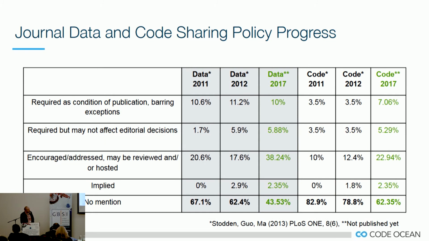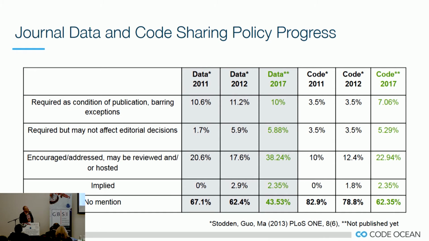This is some data that was published by Victoria Stoddenin PLOS, where she looks at different adoption policies. We're talking about biopolicy, but in general, policies around data and code. In 2011, 2012, the first two rows are talking about requiring the code and data, and then encouraging, implied, so it's good to have, or there's no mention.